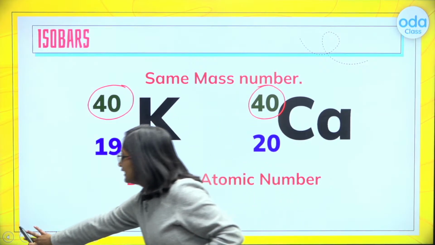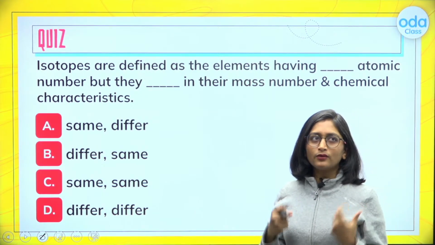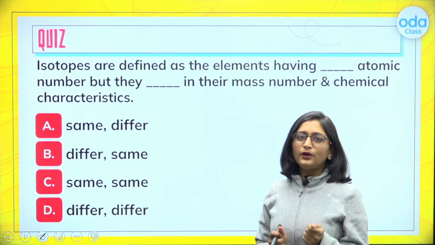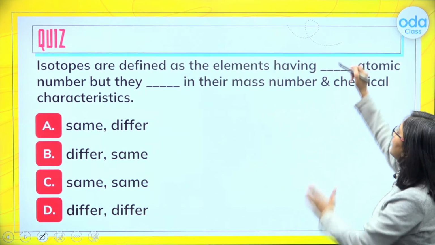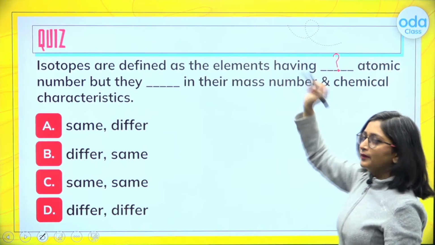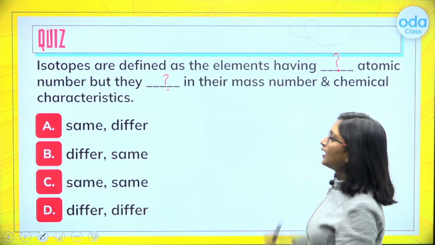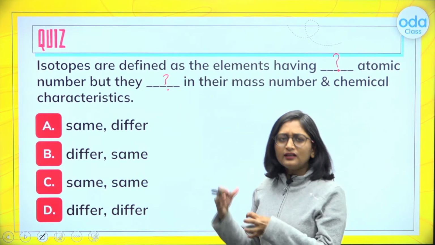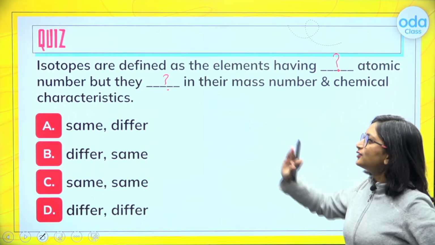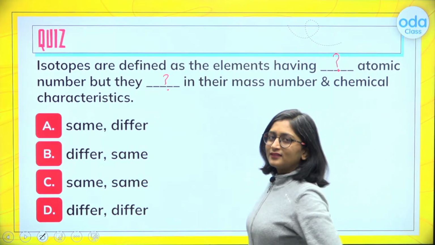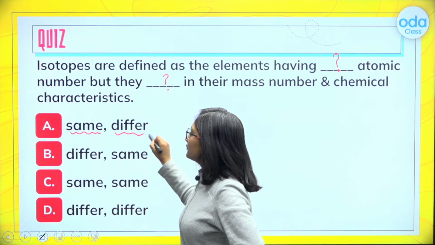Now let us get connected with a question which is going to give you full confidence. Yes, I do know the difference between the isotope and the isobar. Isotopes are defined as elements having the same atomic number, but they differ in their mass number, while sharing chemical identity and characteristics. So we can say that isotopes have the same atomic number, but differ in the mass number, right?